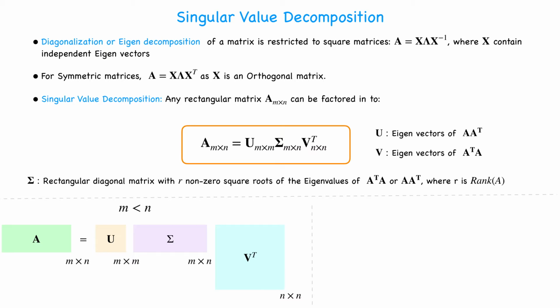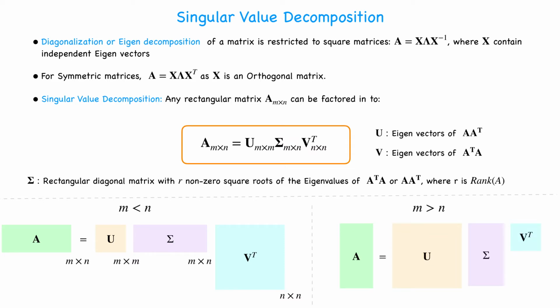If the matrix A is full rank, which means rank m, then the first m diagonal positions will be occupied by the singular values, and the rest of the values are all zeros. For a tall matrix, when m is greater than n, it looks something like this.